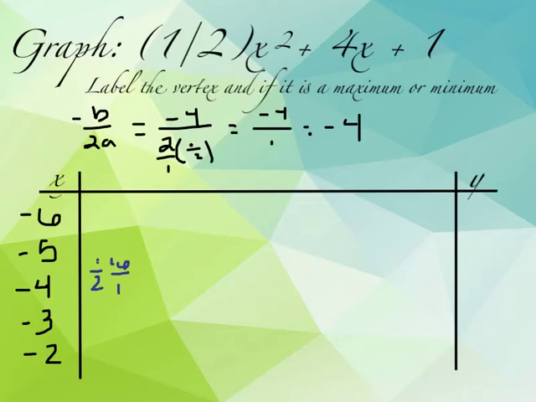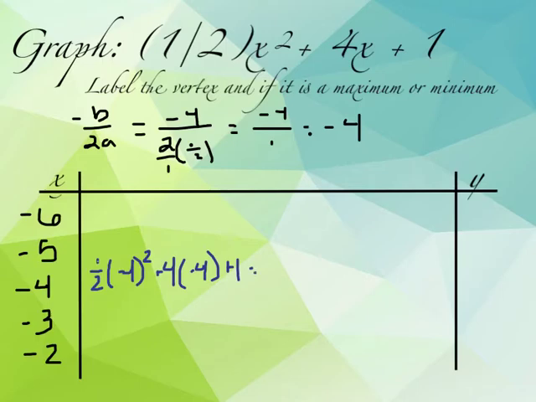Actually, you know what? I'm going to go ahead and write that down. Probably shouldn't skip that step just in case we missed that. So again, 1/2 times negative 4 squared plus 4 times negative 4 plus 1.